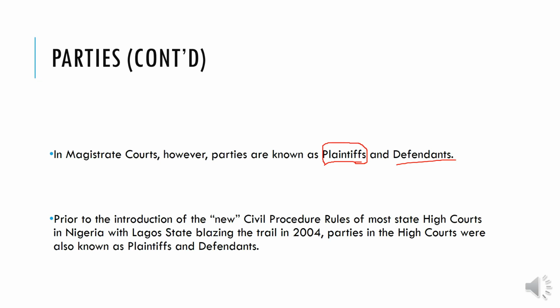In fact, as a matter of fact, before we have the new rules now, the new rules that bring a lot of changes to civil procedure in high courts in Nigeria, we used to call claimants plaintiffs even in high courts. But now in most states that have embraced the new procedural rules, which is all about front loading of documents, they refer to the initiator of a civil suit as claimant, not plaintiff again.